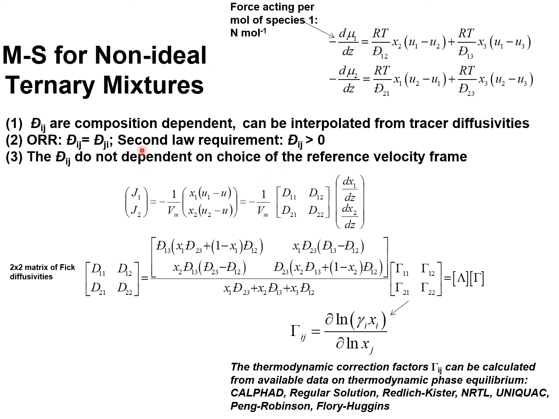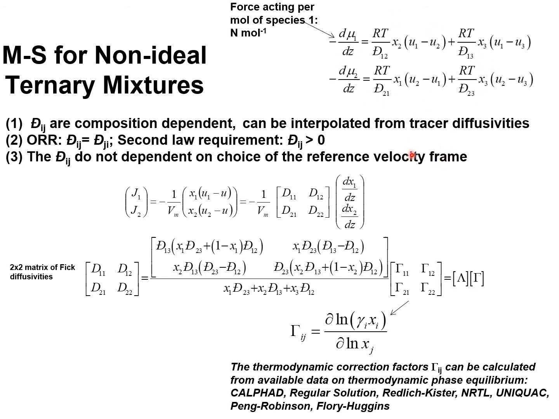The second law requirement demands that the Maxwell-Stefan diffusivities be positive definite. An important advantage of the Maxwell-Stefan formulation as opposed to the Onsager formulation is that the Maxwell-Stefan diffusivities Dij do not depend on the choice of the reference velocity frame.